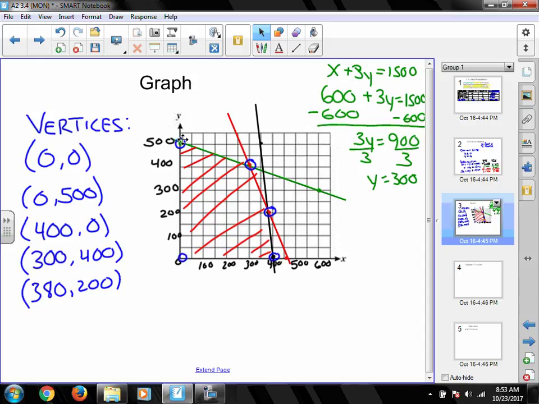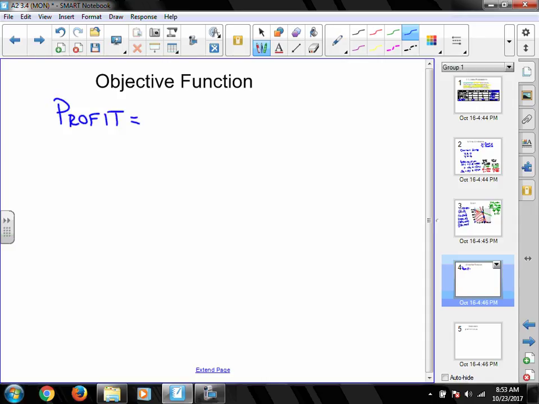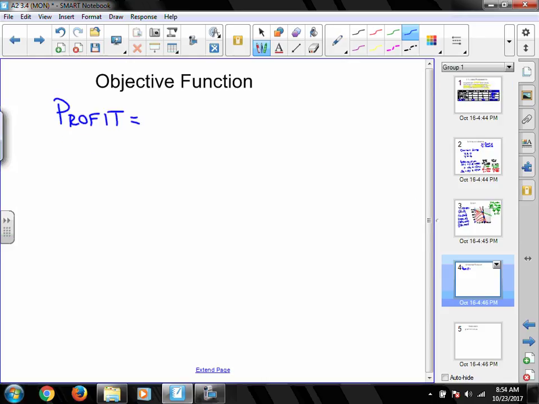Now, the next part of doing this is we have to find the objective function. This is what's going to help us find what our maximum profit is going to be in this case. So, to find our profit, going back to our table, I get $60 per bike at plant A, $50 per bike at plant B, and we're looking to maximize that, just like we did with our pottery shop the other day.